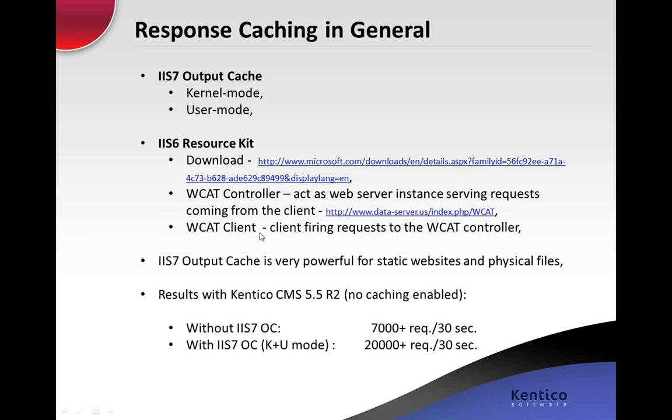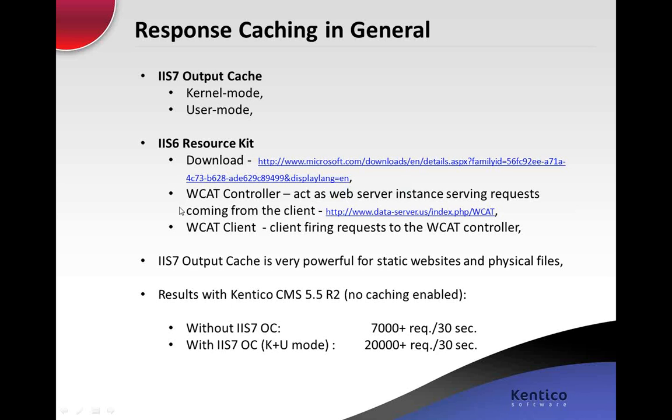So just as additional information, I have done some very simple testing using the IIS 6 resource kit. For those of you that are not familiar with it, it's basically a bunch of tools that work even with IIS 7. So I included a link where you can download it.